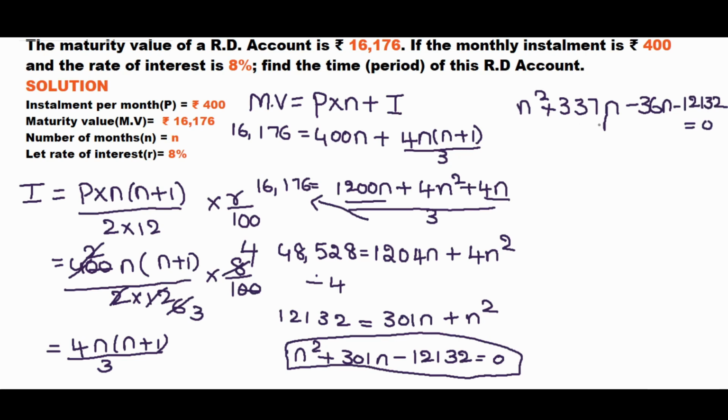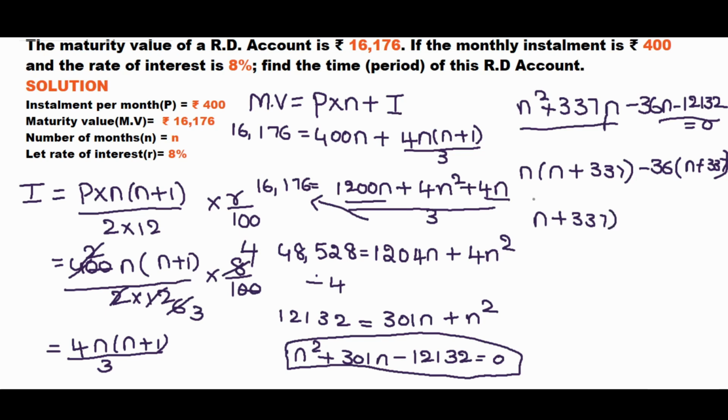Now let's group the terms. In the first group, n is common, so what remains in the bracket is n plus 337. In the second group, 36 is common, and again in the bracket n plus 337. Now in both the terms, n plus 337 is common. So I make it as one group, and the next group is n minus 36, equal to 0.